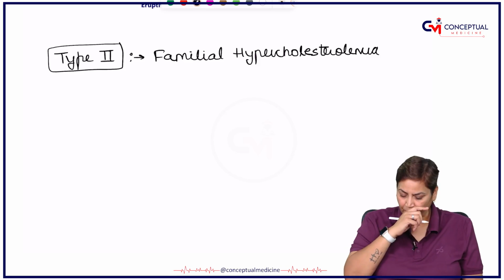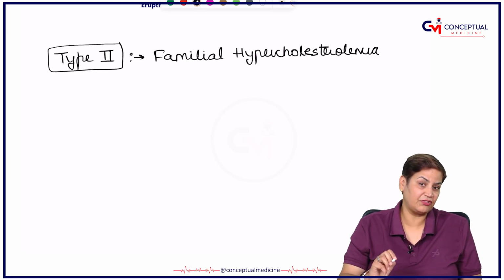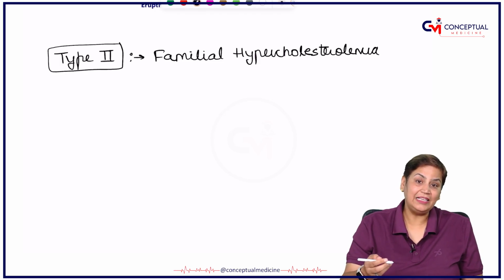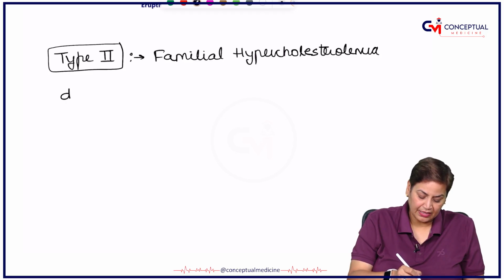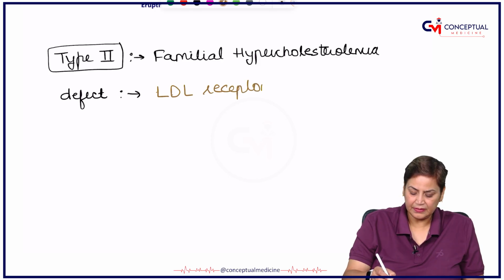Right. So what happens here is, it is clear from the word itself, there is increased concentration of cholesterol. Now the question is, what leads to this? So the defect is in the LDL receptors. LDL receptors are defective.